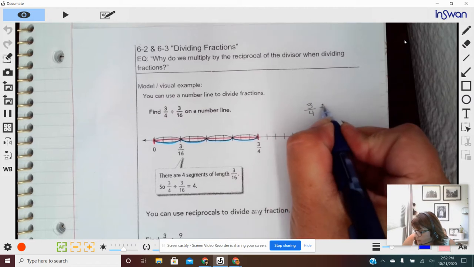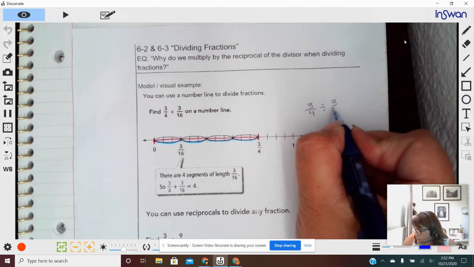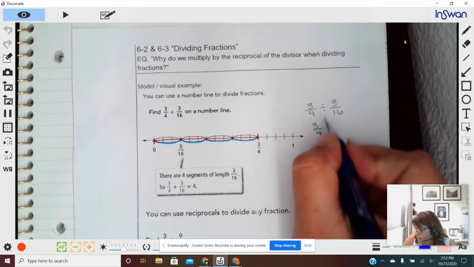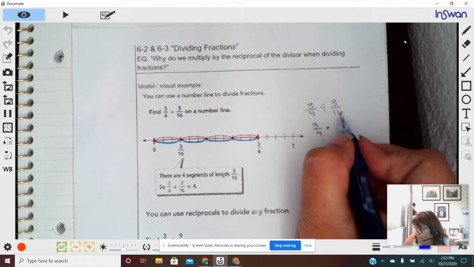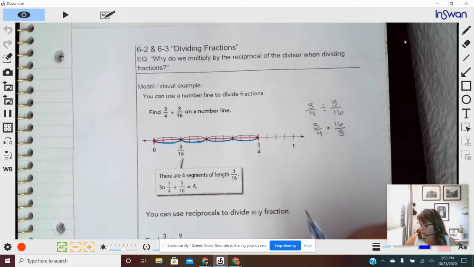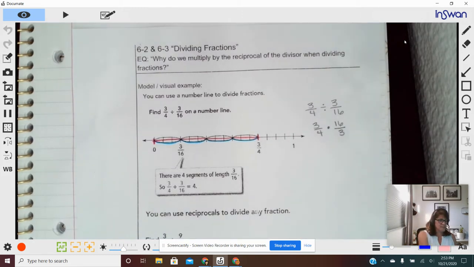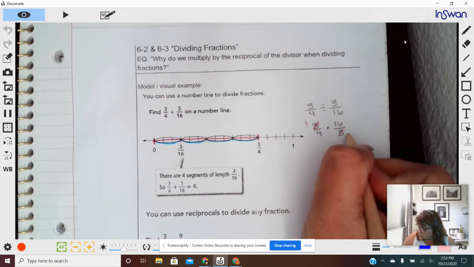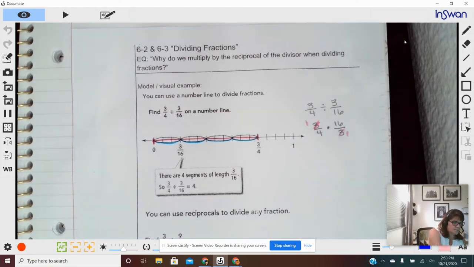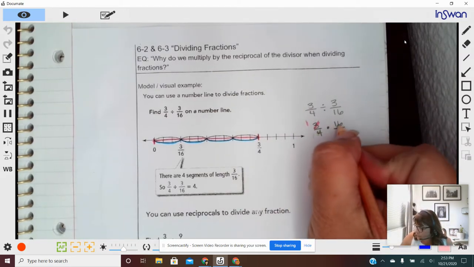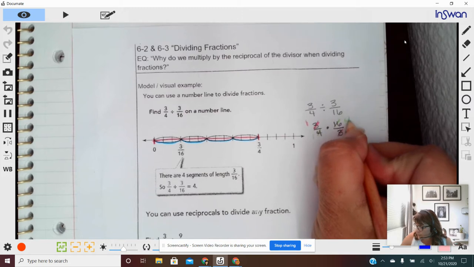3/4 divided by 3/16. Okay. 3/4, change the sign to multiply, flip the second guy. Oh, and there's all kinds of stuff I can simplify here too. So 3 and 3, those match, those each become a 1. 4 fits into 4 one time. 4 fits into 16 4 times.